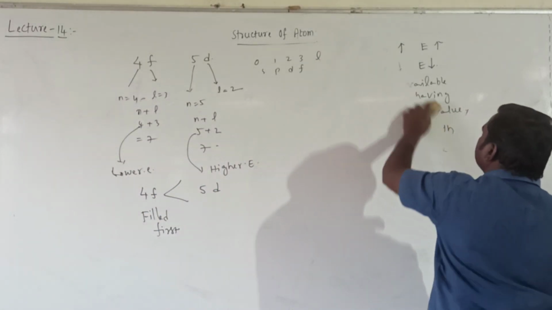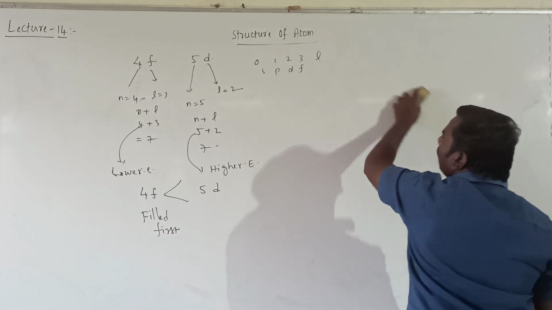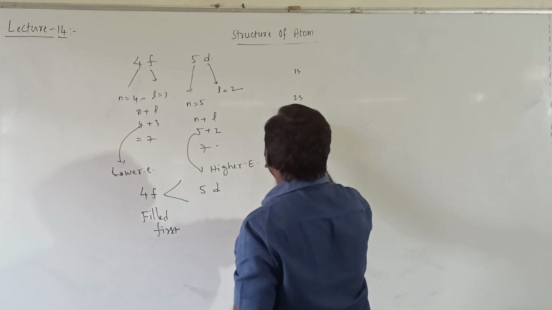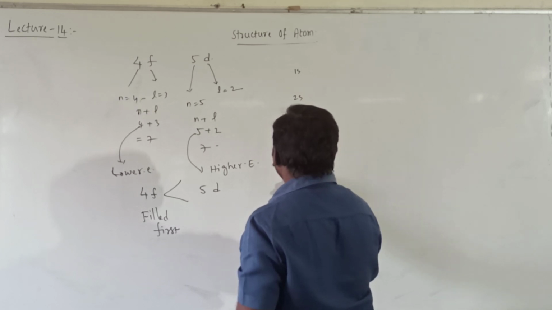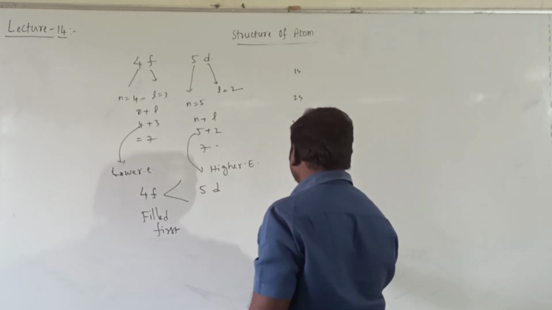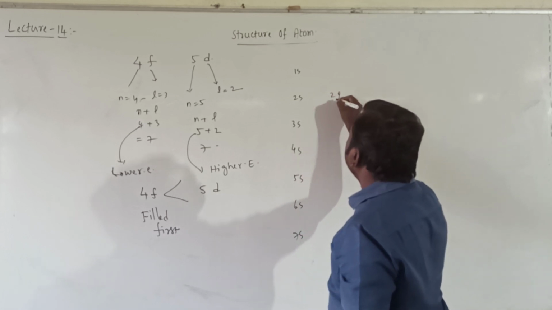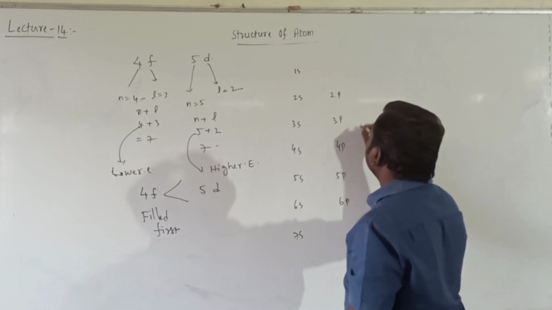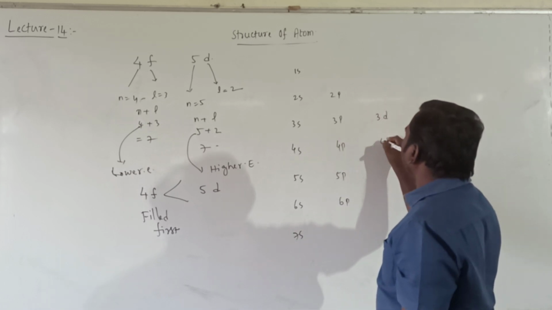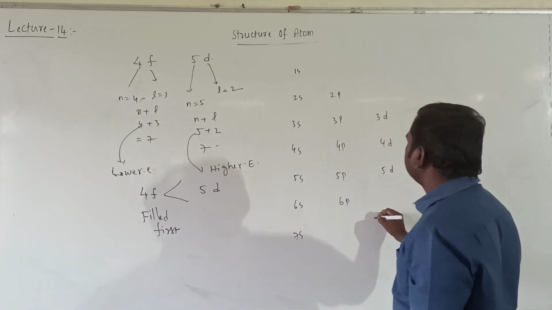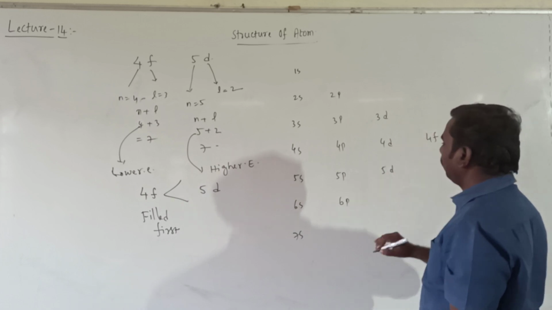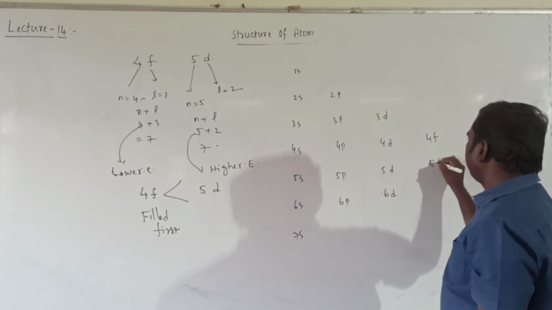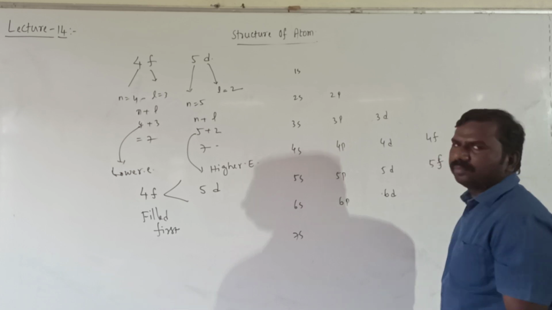Next rule is, to know the energy order as per the Moeller diagram they have drawn: 1s, 2s, 3s, 4s, 5s, 6s, 7s. Next 2p, 3p, 4p, 5p, 6p. Next 3d, 4d, 5d, 6d. Next 4f, 5f.